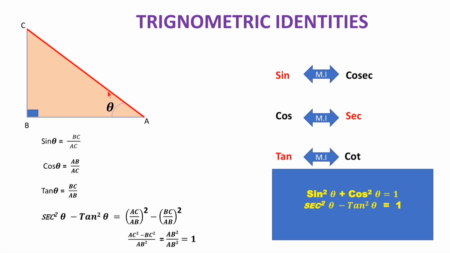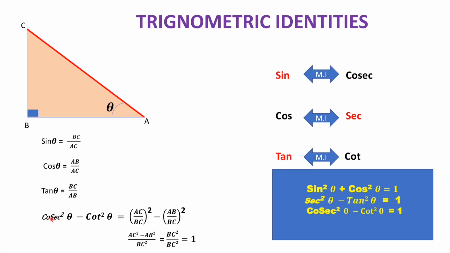AC square is the hypotenuse and we are subtracting BC square, so we get AB square from Pythagoras theorem. So AB square by AB square, these two are the same, we cancel and we get 1. So the second identity is secant square theta minus tan square theta is equal to 1.